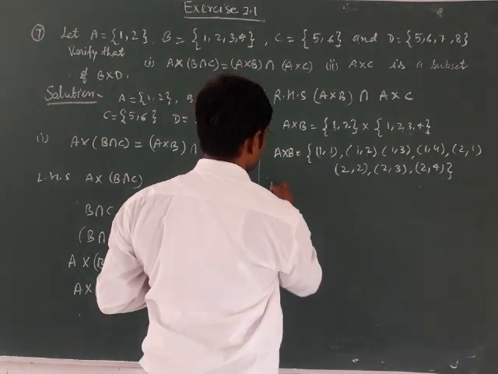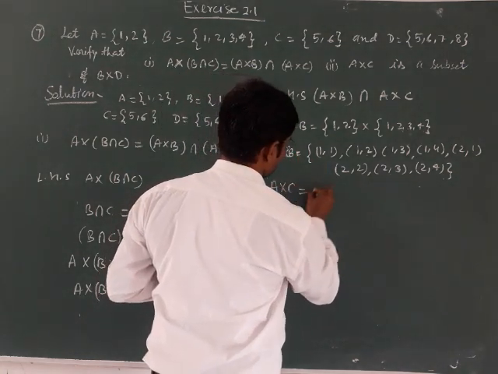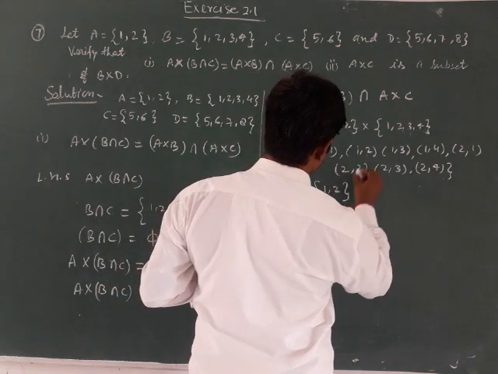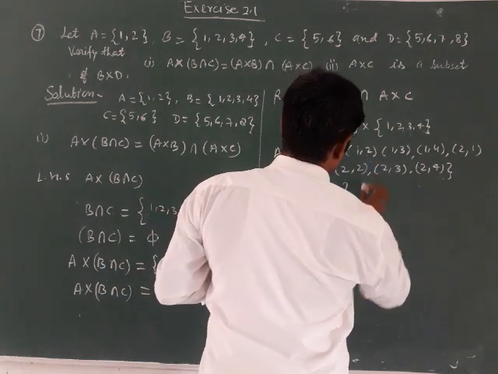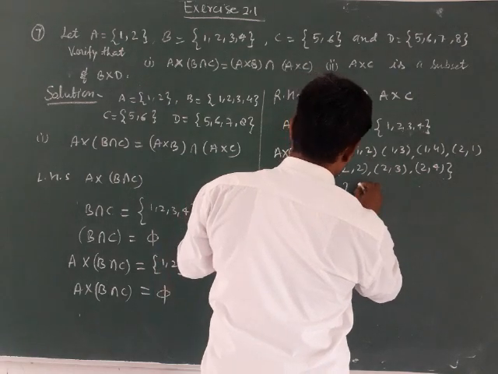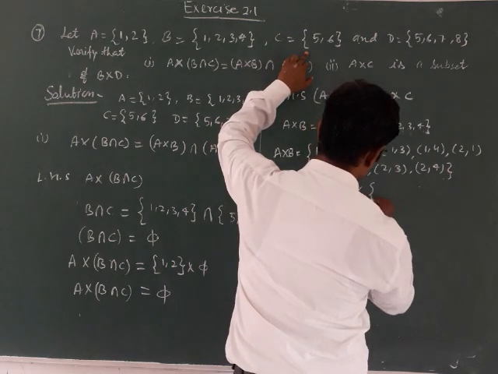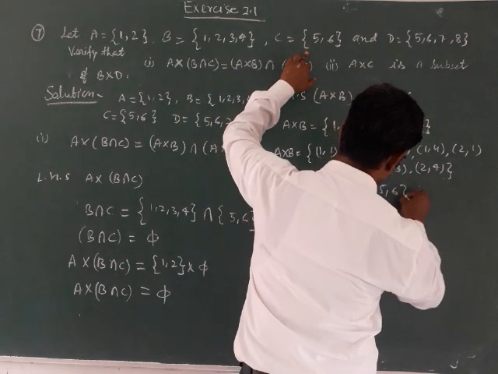Also find A cross C. So A has elements 1, 2 and C has elements 5, 6.